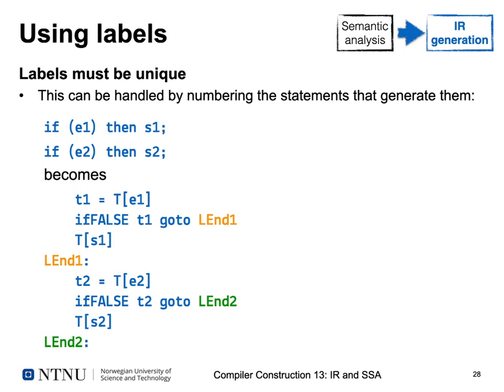So, for example, if we have two if statements, if expression 1 then sequence 1, if expression 2 then sequence 2, then we just start numbering them. So essentially we would use L1 for our first if, and then our second instruction would use L2 to generate the label, and of course also generate our target for our conditional branch instruction.